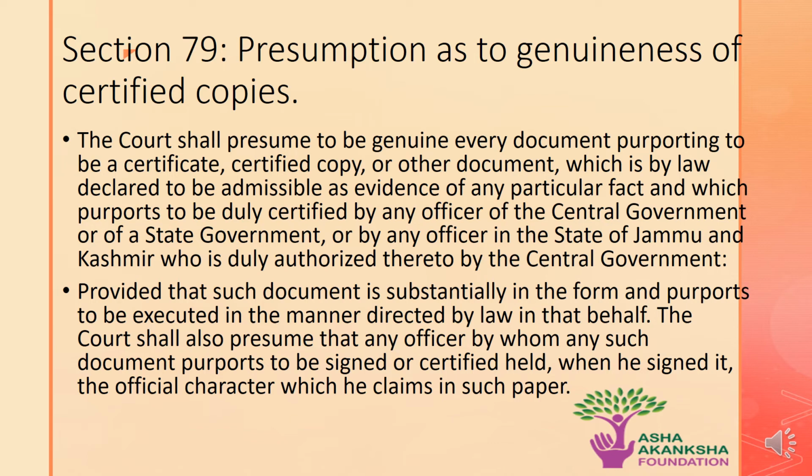The court shall also presume that any officer by whom any such document purports to be signed or certified held, when he signed it, the official character which he claims in such paper.